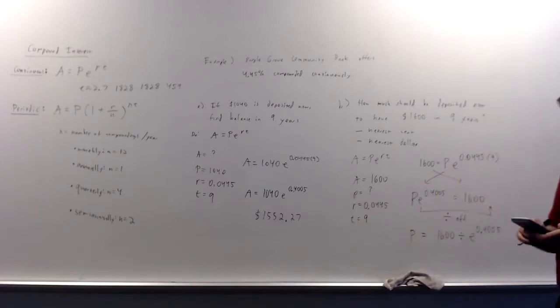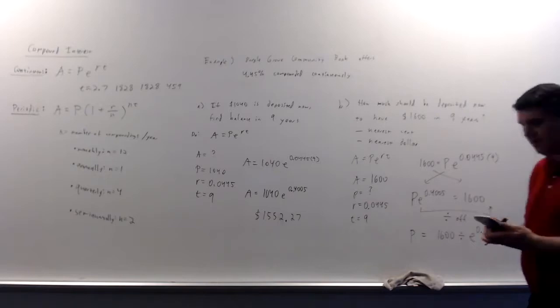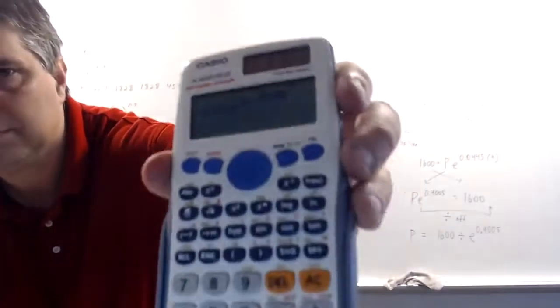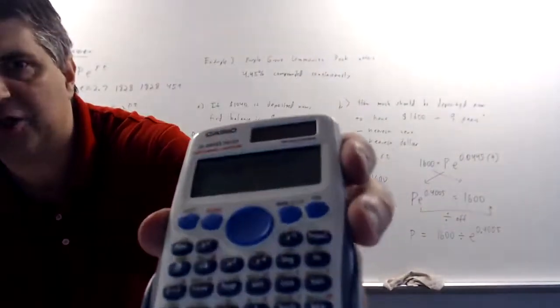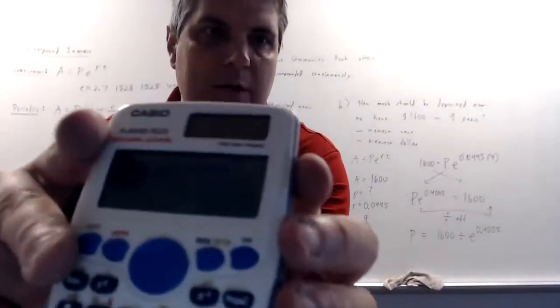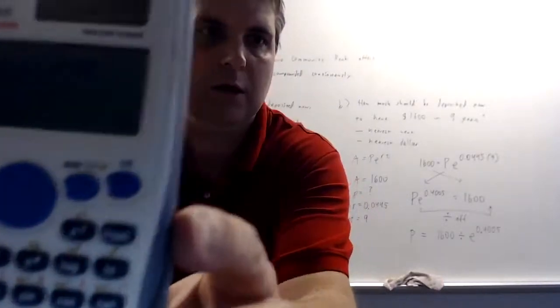Okay, so I'll do similar to what I did here, except instead of timesing, I'm going to divide. So 1,600 division, shift or second, ln, 0.4005. This is what it looks like on my calculator. Okay, if I can get it to show. Yeah, I'm sorry, the lighting isn't very good in here. Okay, not for this.